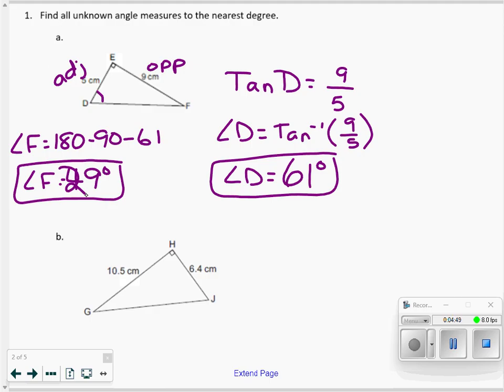Try the next one by yourself. Identify which one you want to start with. Figure out which would be the opposite, which would be the adjacent.